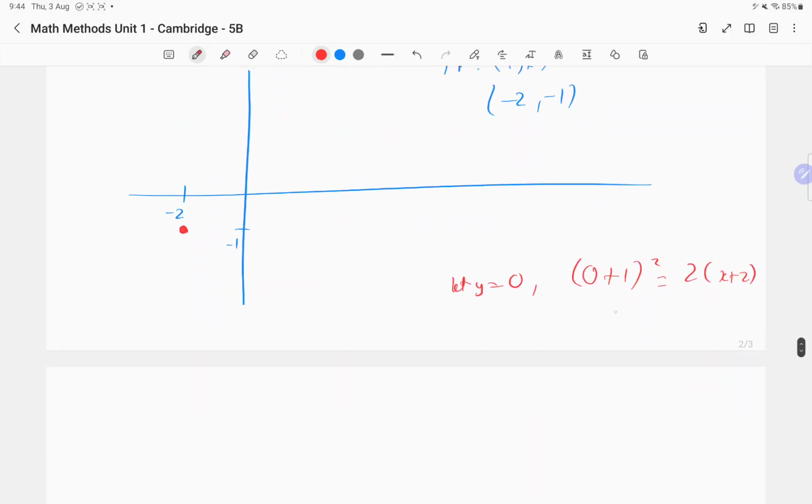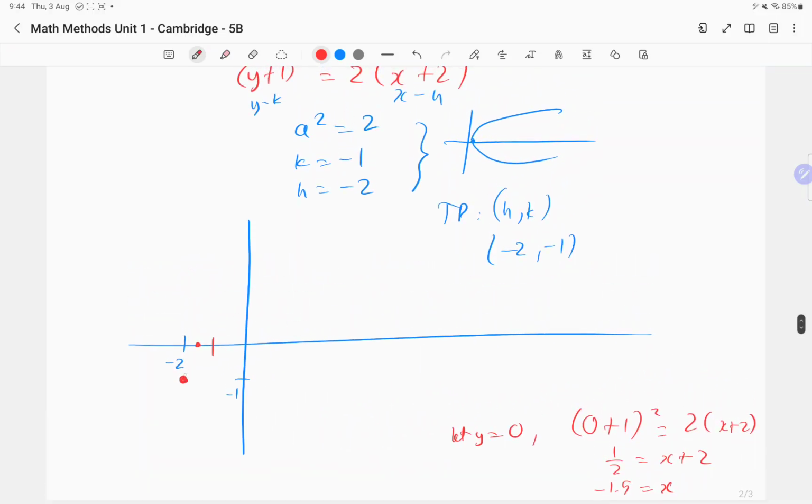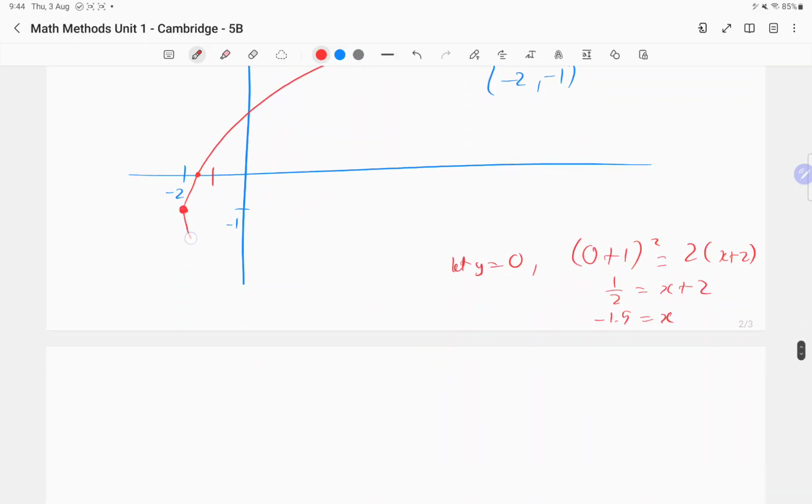Okay, so 1 squared is 1, divided by 2 is 1/2, equals x plus 2, move that over, so negative 1.5 equals x. So negative 1.5 is somewhere around here. Alright, so then this graph would look somewhat like that. And then on the other side, it will have to mirror and look something like this.